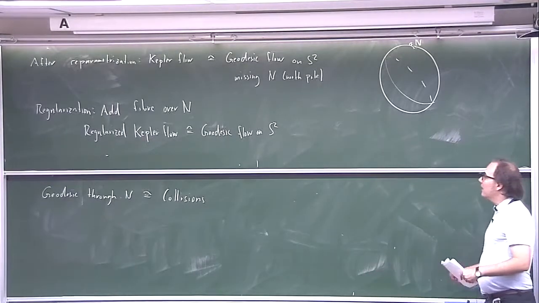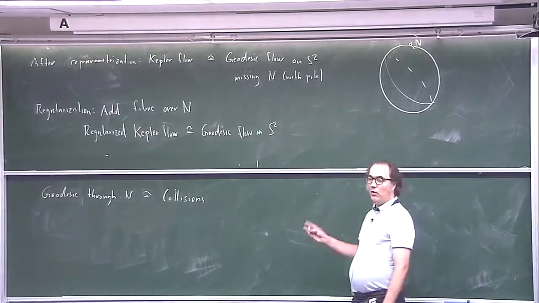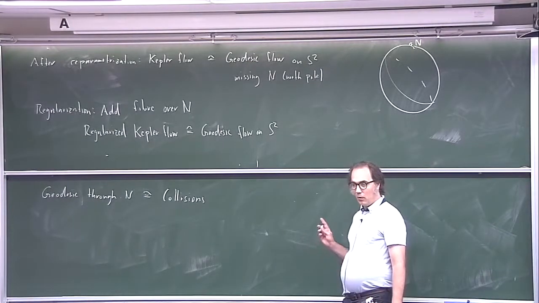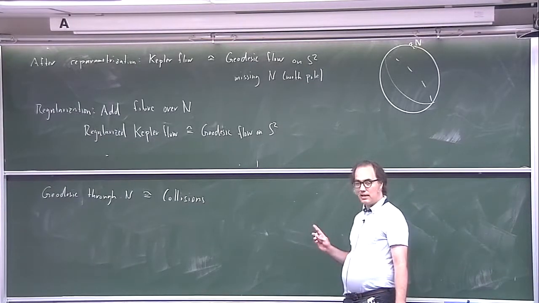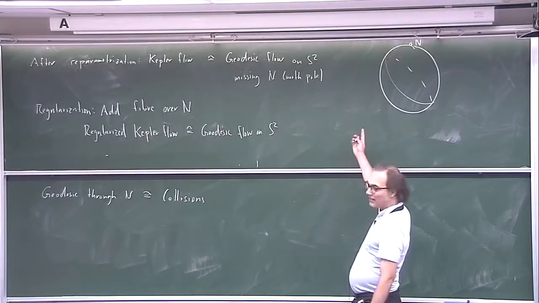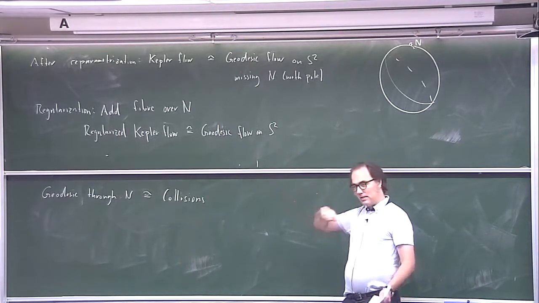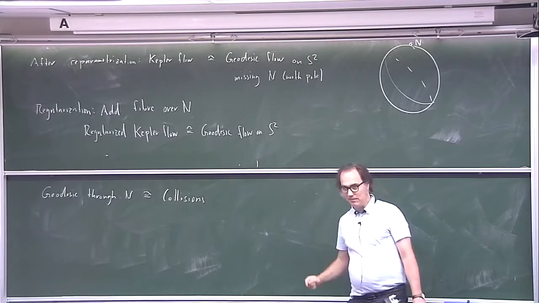Another interesting thing to note is that the Kepler flow is almost periodic. All orbits are periodic except the collisions. There you die. But after this regularization, you get the completely periodic flow, because all geodesics are coming back.